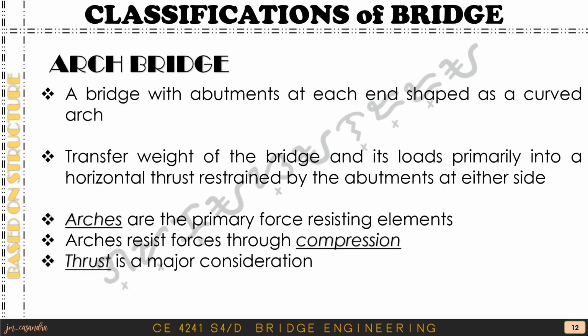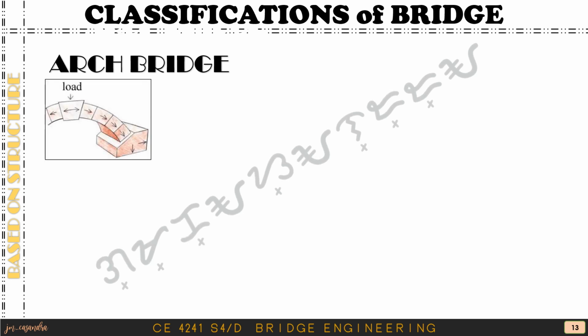The truss would be a major consideration for our design. So for an arc bridge, basically, the load will be distributed from this point to both ends of your bridge.